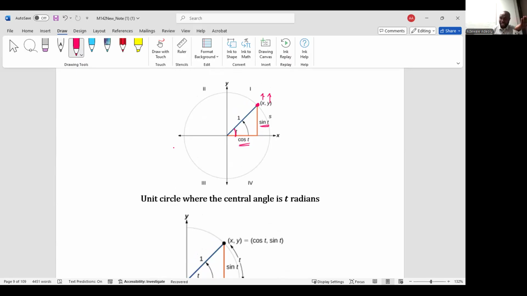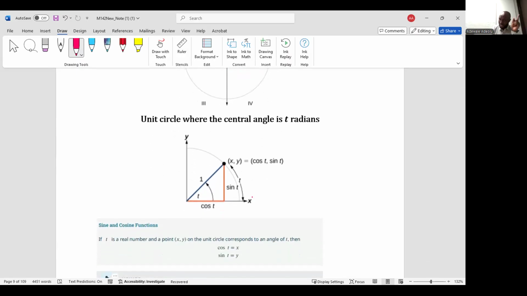That is the radian angle, right? So our claim is that this X is the cosine of T, and this Y is sine of T.